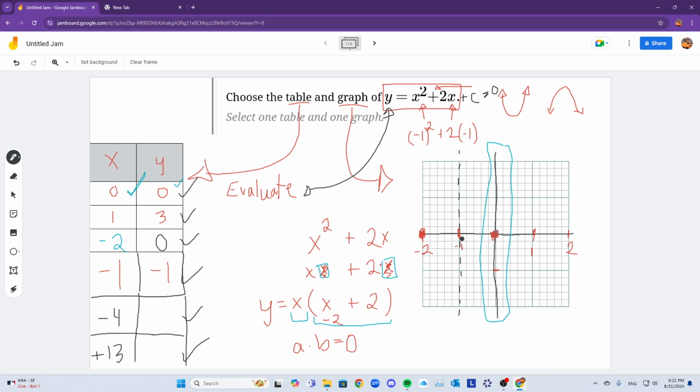Because of the axis of symmetry, whatever's on this side is being mirrored with whatever's on that side of the graph. So your graph is going to look something like this. I don't know what the lowest point is, but it's going to look something like that. Every side is going to be mirrored because of this line, okay?